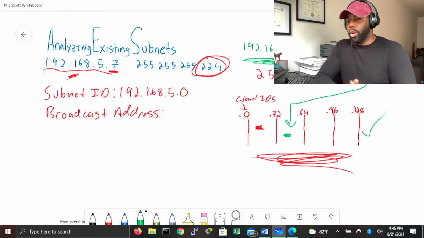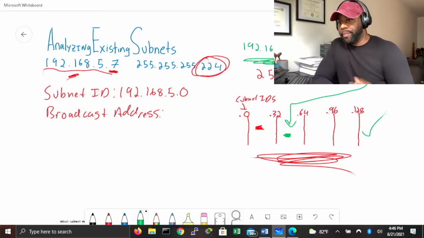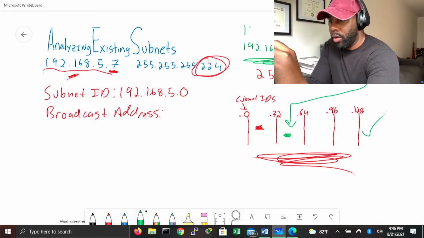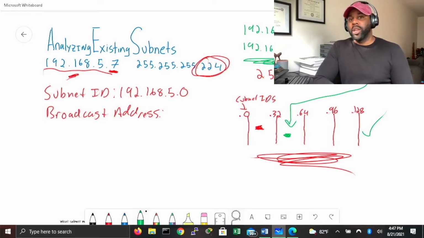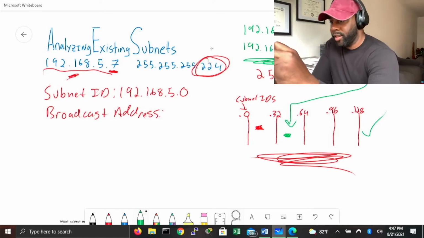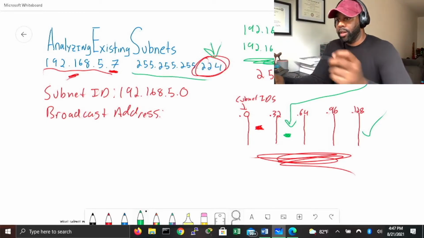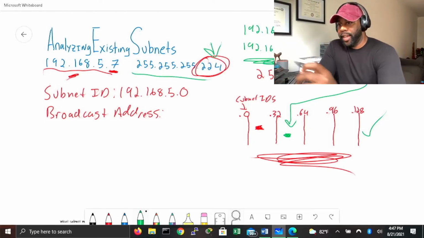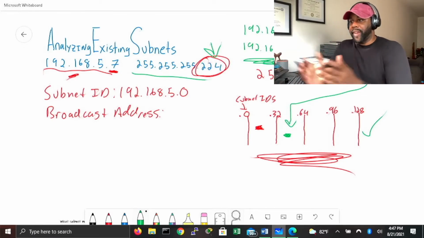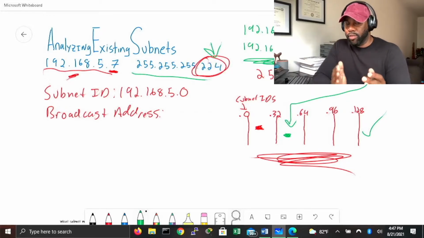So we know that it belongs to the subnet ID of 192.168.5.32, because the group size given this subnet mask is 32, and it can be found within that range.